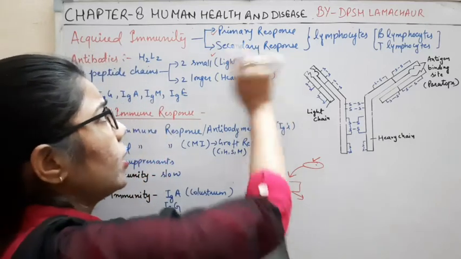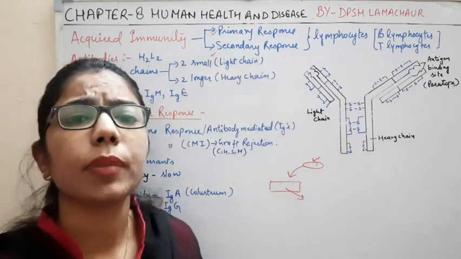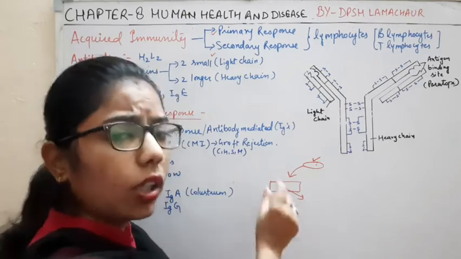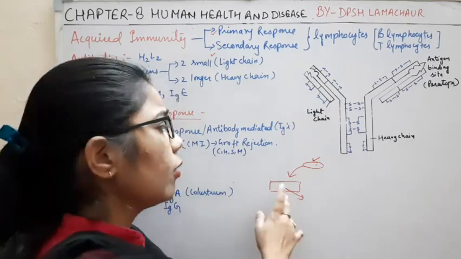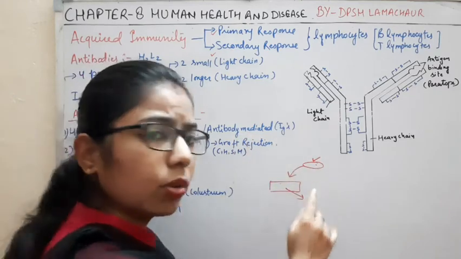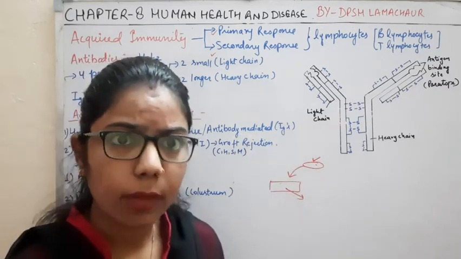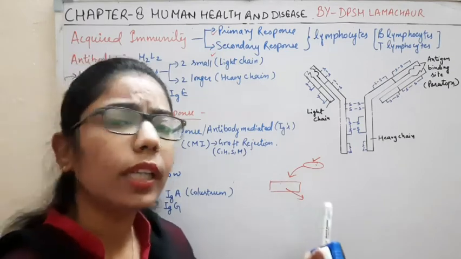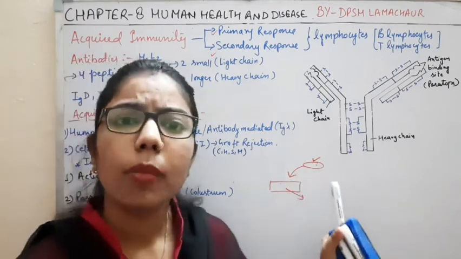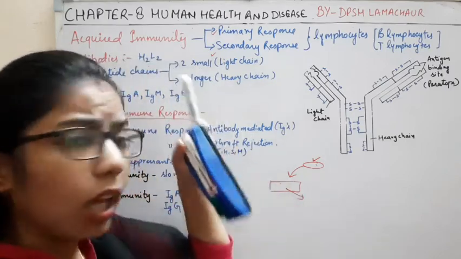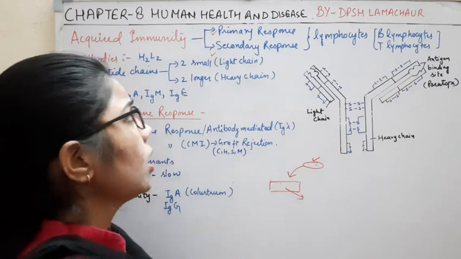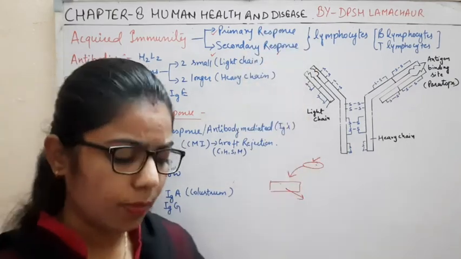Now the secondary response. Secondary response means that when the body encounters this particular pathogen a second time or third time or later on, subsequently, it forms the antibody in response to the pathogen. That is the secondary response.